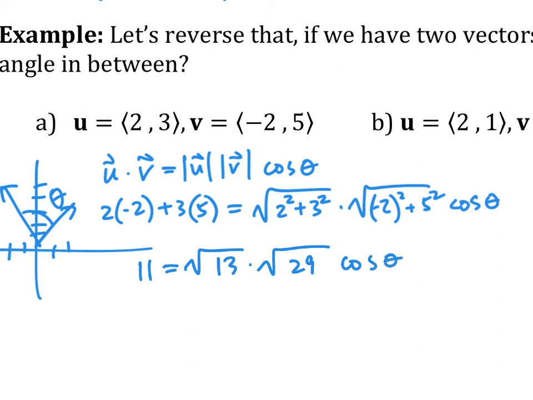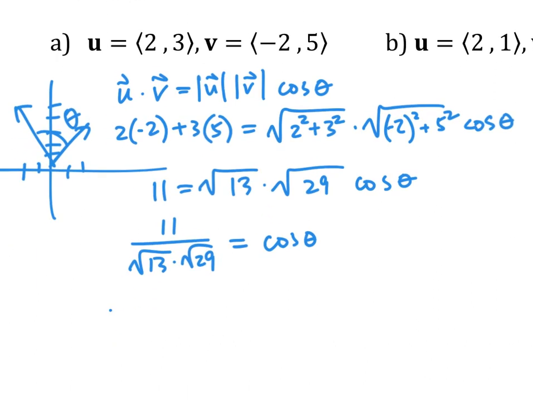I'm going to divide by both of the square roots, and then use the calculator to figure out what that is. Make sure you put this in parentheses if you're going to divide everything at the same time.